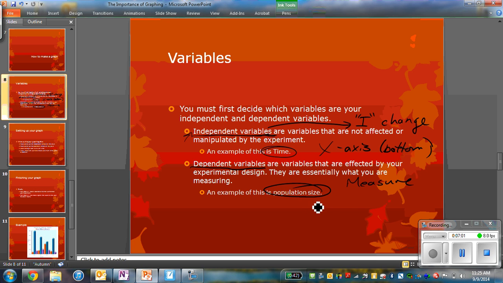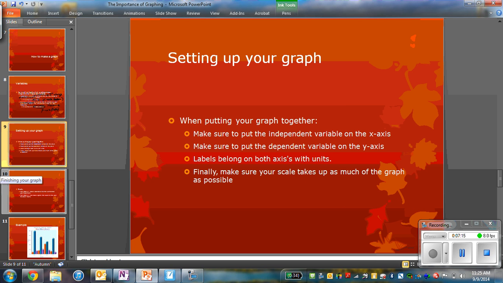Population size. You'd have that on the y-axis, and that would be on the left-hand side. Okay? So those are your variables. We'll do some more practice with this later. When you set up your graph, you're going to have, again, your independent variable on your x-axis, dependent variable on your y-axis.